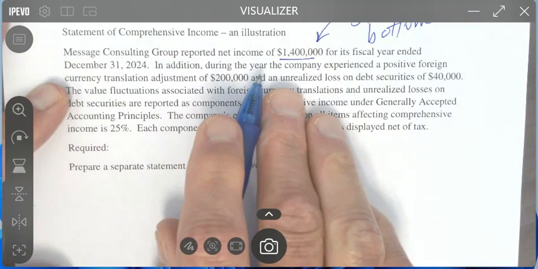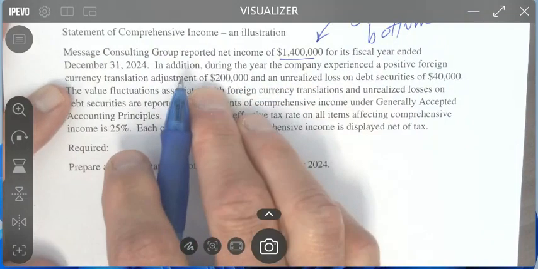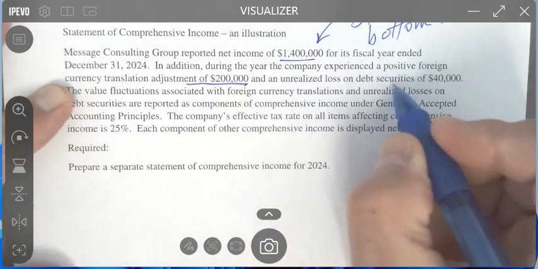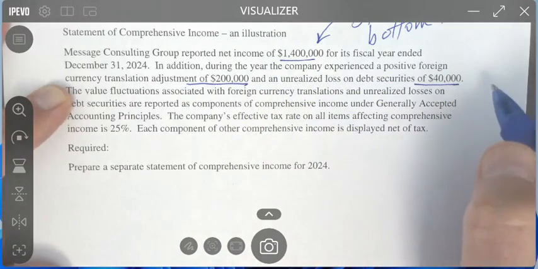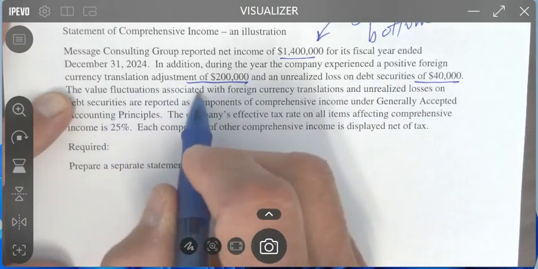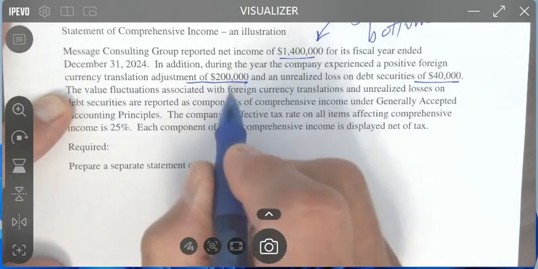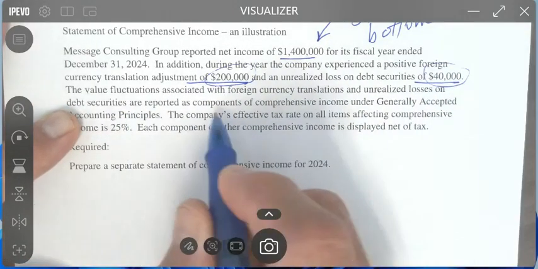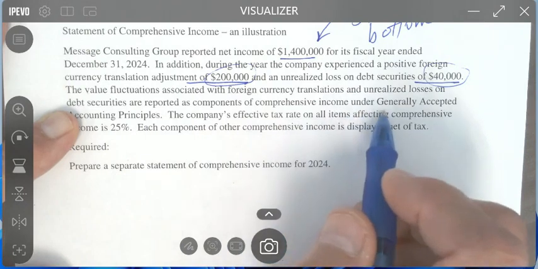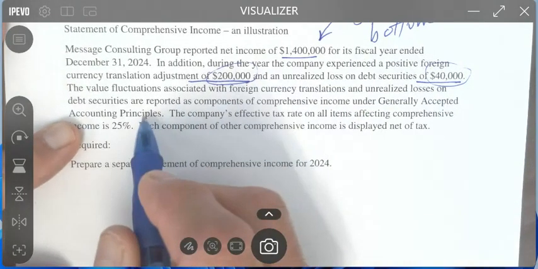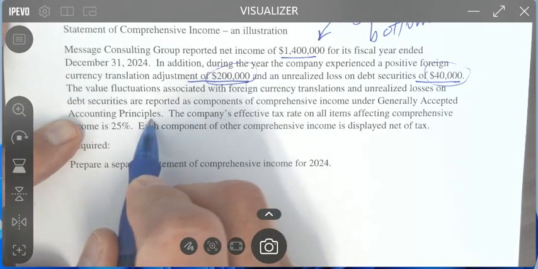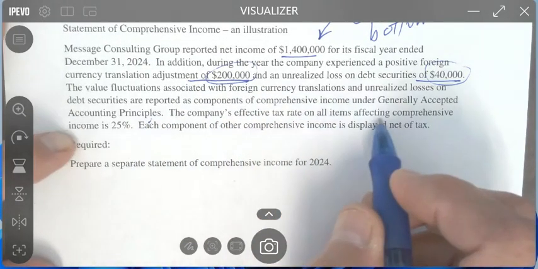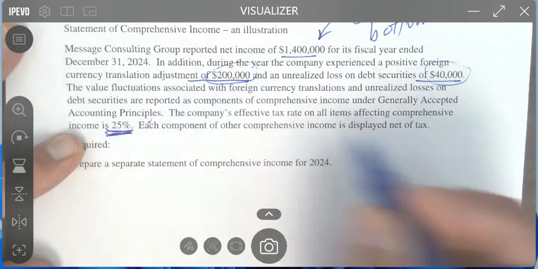In addition, during the year, the company experienced a positive foreign currency translation adjustment of $200,000 and an unrealized loss on debt securities of $40,000. The value fluctuations associated with foreign currency translations and unrealized gains and losses on debt securities are reported as components of comprehensive income under the rules of generally accepted accounting principles, GAAP.